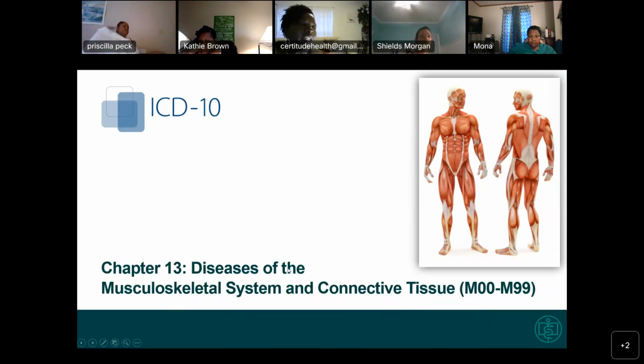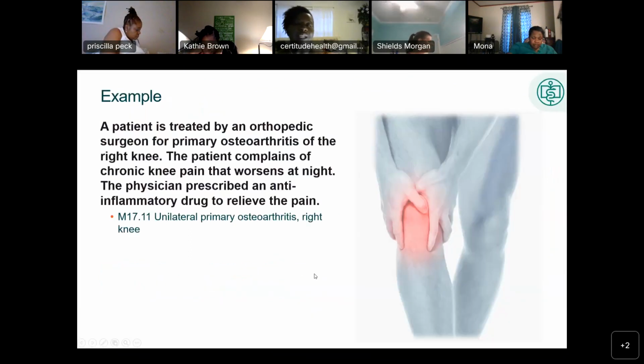So chapter 13 is diseases of the musculoskeletal system and connective tissue. Biggest thing here with these guidelines is simply laterality, and making sure that in your diagnosis coding, you identify whether the injury or musculoskeletal condition is related to the left side of the body or the right side.